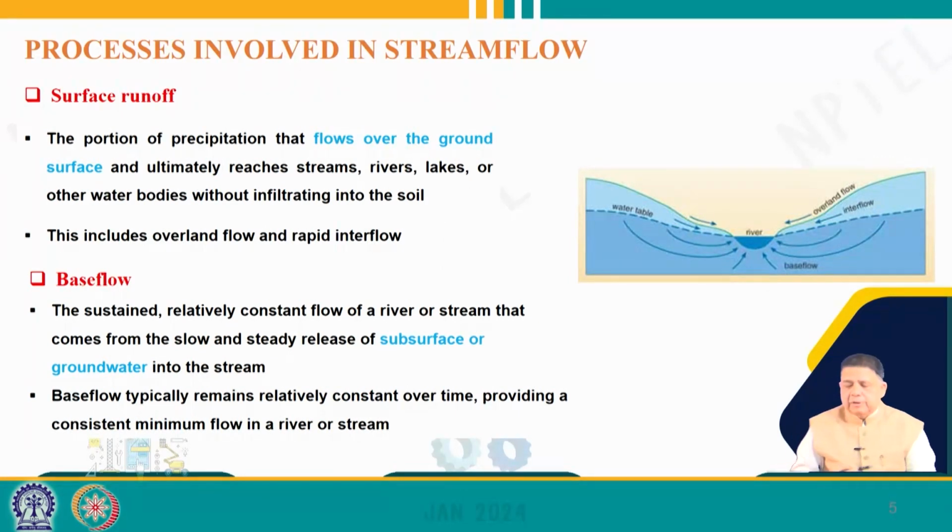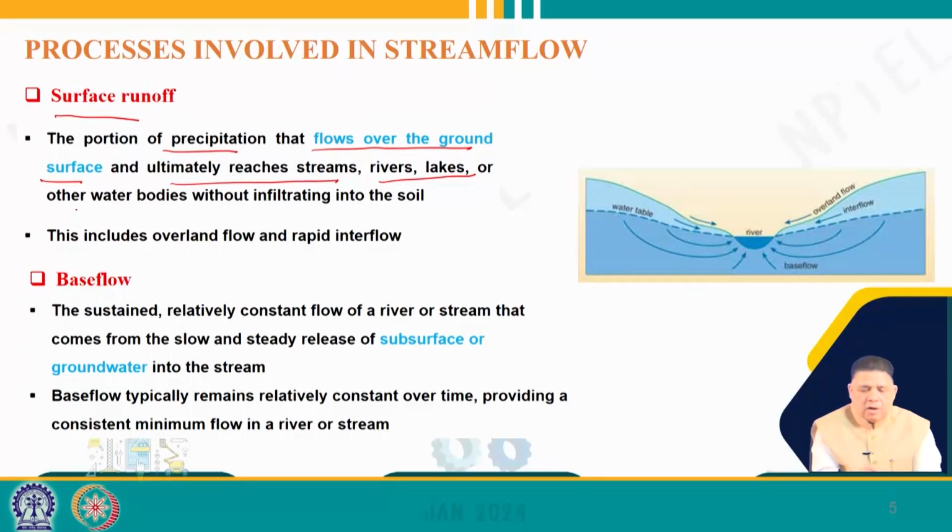Now, if you talk about the processes one by one, surface runoff is the portion of precipitation that flows over the ground surface and ultimately reaches streams, rivers, lakes or other water bodies without infiltrating into the soil. This is quite obvious because when precipitation reaches the earth's surface, the first thing is it satisfies the infiltration capacity of the soil.